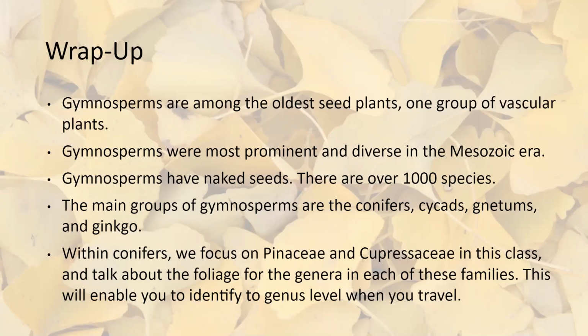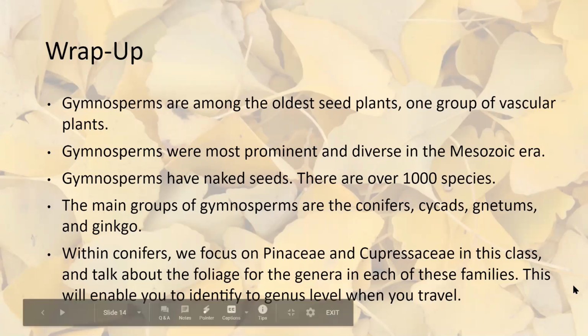That's important because you may not know exactly what the species is, but knowing these basics will help you identify at a genus level when you travel, and then you can grab a local field guide to see what the species really is and get it down to the species level. So that's just a very quick intro to conifers, and next we'll talk more about cones.